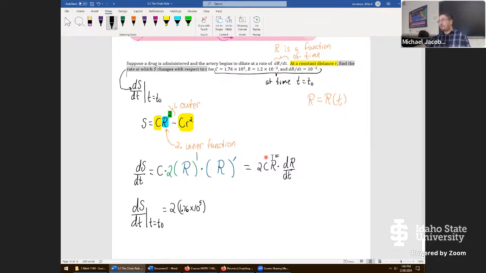So that takes care of 2 times C. We need the value of R, and they're only wondering about the speed when it dilates to that amount or that length. So 1.2 times 10 to the power of -2. So that takes care of the value of R. Next, dr dt. We're only interested when it's dilating at a specific rate as well. That's when it's moving at this rate, 10 to the power of -5.